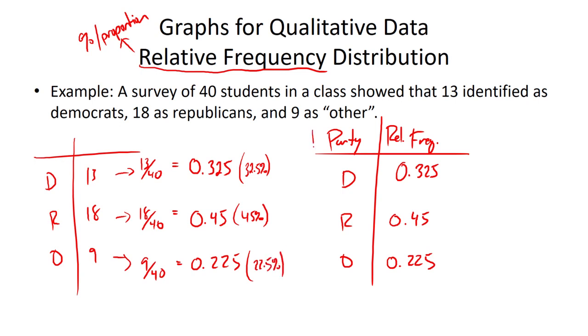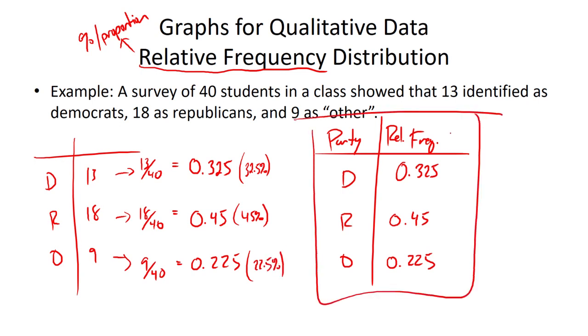So you could report that table in percentages if you wanted to. That makes a lot of sense to people, but we'll typically stick to proportions, because if you're going to operate with percentages, you have to turn them into decimals anyways. So we'll just stick with the decimal form.